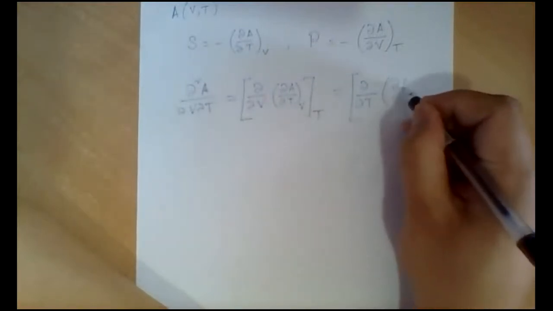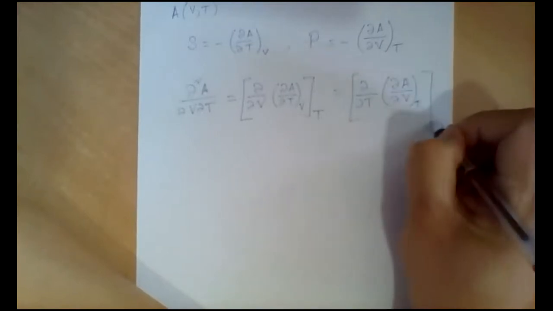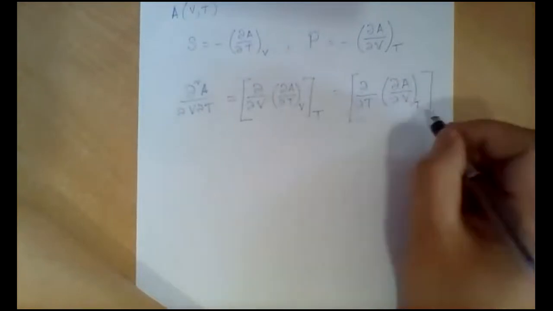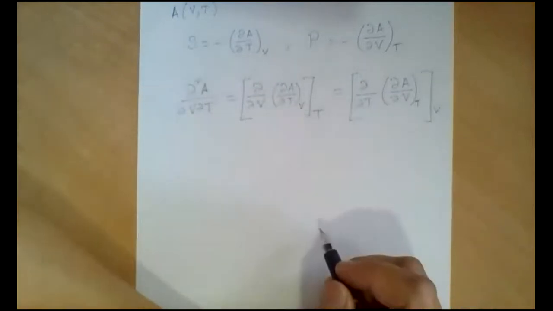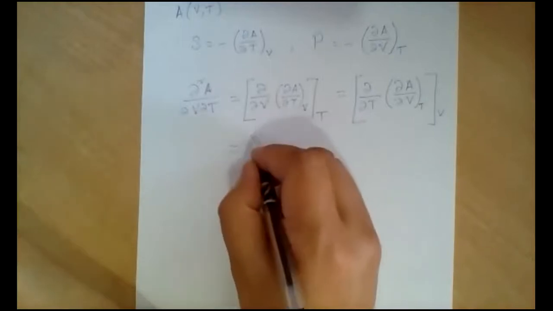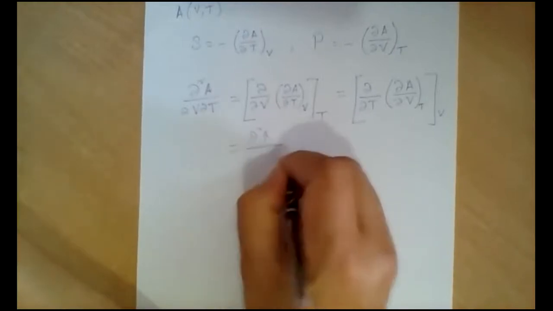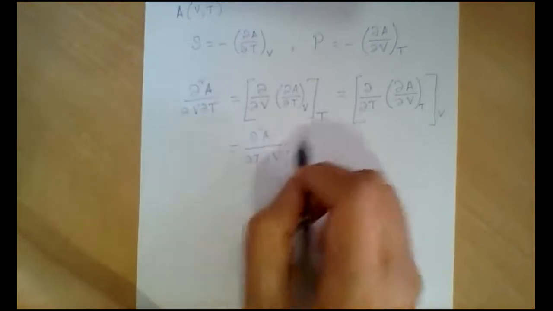First you differentiate with respect to volume at constant temperature, then you differentiate with respect to temperature at constant volume. This is equal to del T, del V, the same thing.